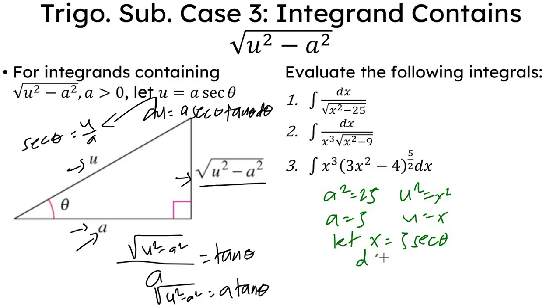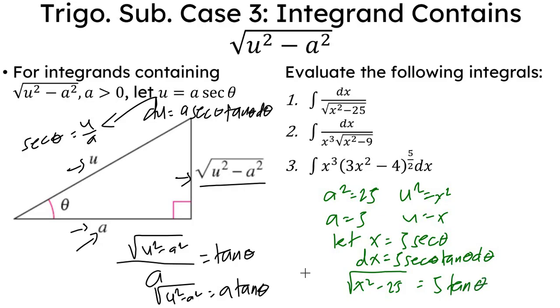With that, dx will become 5 secant theta tangent theta d theta. And we're going to now let the square root of u squared minus a squared, or in this case, the square root of x squared minus 25, equal 5 tangent theta.